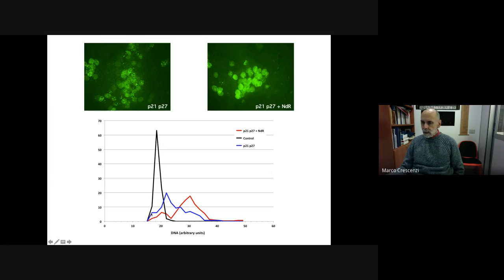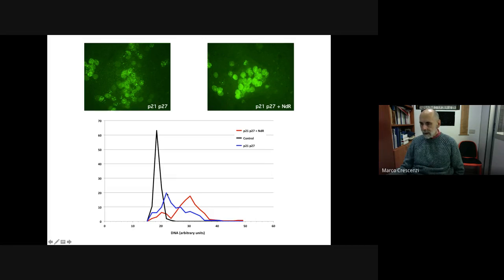This is what they do when you reactivate them by simply removing P21 and P27. So the DNA curve shifts to the right. The average amount of DNA per nucleus is indeed increased.